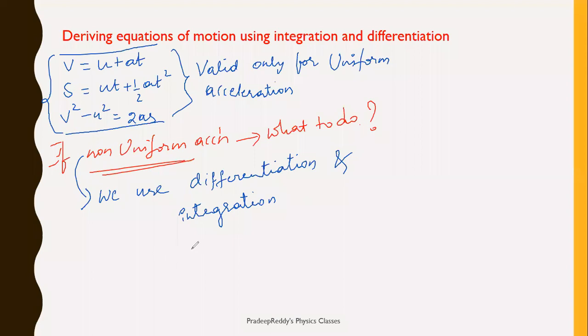So simply we can write acceleration as dv divided by dt, and velocity v as ds divided by dt, right? We can use these integration and differentiation terms and find out the desired quantity in case of non-uniform acceleration.